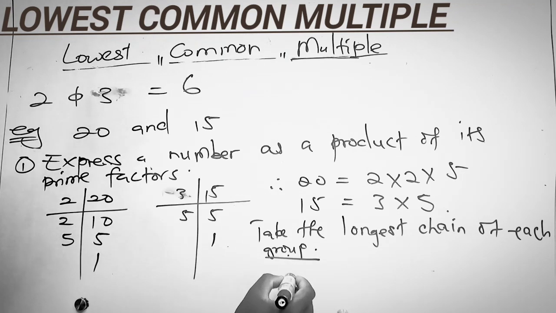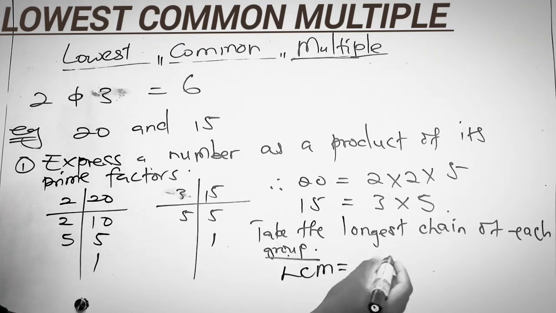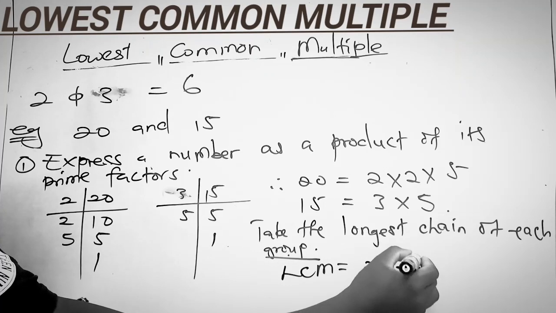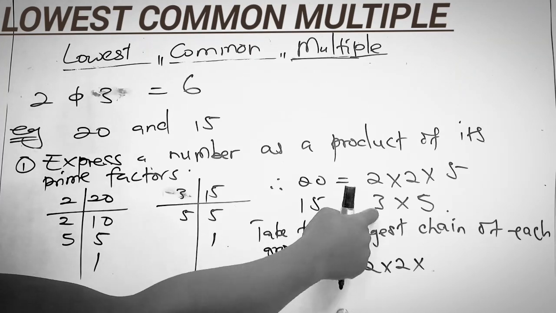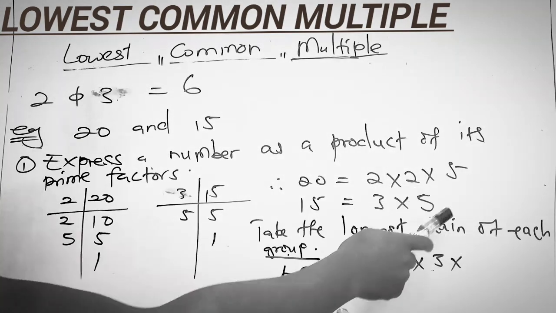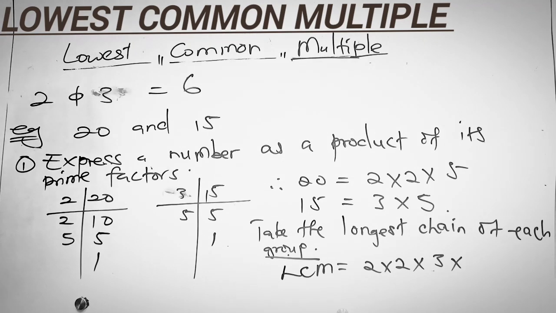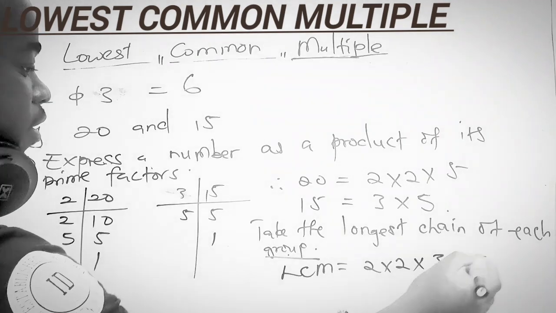So in this case, our lowest common multiple, LCM, is equal to our longest chain of 2, which we see here is 2 times 2. The longest chain of 3 is here, it's a 3. The longest chain of 5 is the same in 20 and 15, so just take 1. So you write 5 like that.